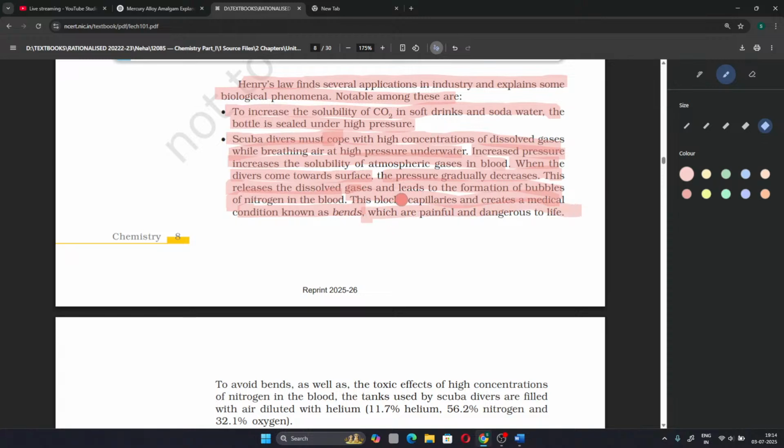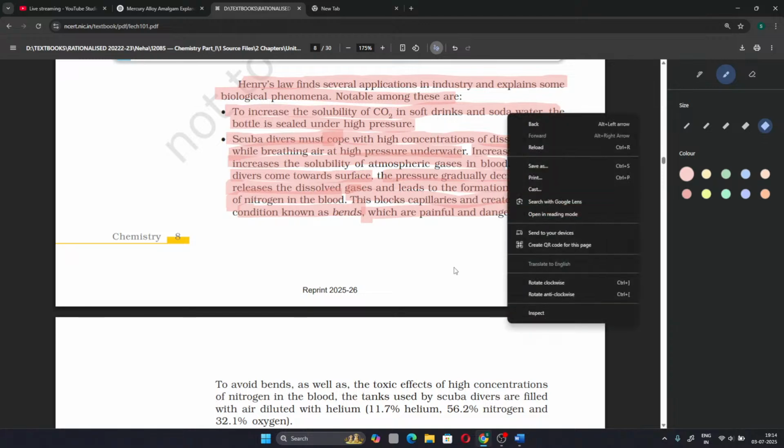Basically, under high pressure, various gases dissolve in the blood, and as we go up, they return to their gaseous state. If gas molecules form bubbles in the blood veins, this is a condition known as bends. It is very, very painful, and it is also very dangerous to life. It could also be fatal if not treated.